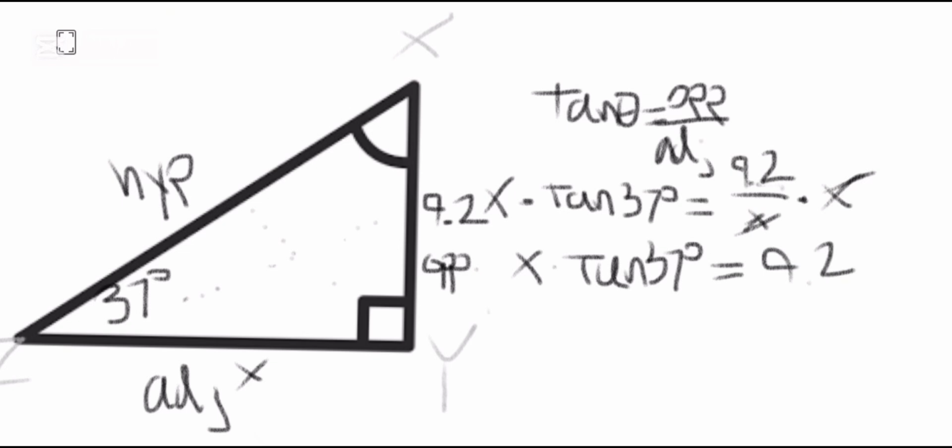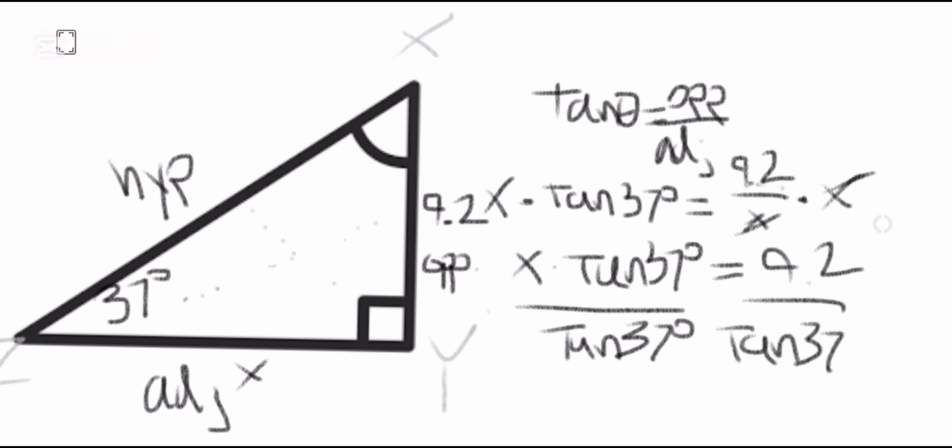To further isolate x, we divide both sides by tan 37, and we cancel this out. So x equals 9.2 divided by tan 37.